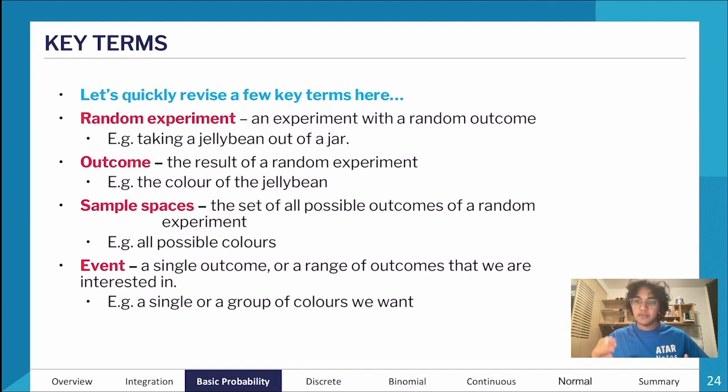So, for example, if I pull out a green sock, that is an event, right? Also, let's say I'm interested in the probability of pulling out 10 green socks, or 5 green socks in a row. Pulling out those 5 green socks in a row is also an event.